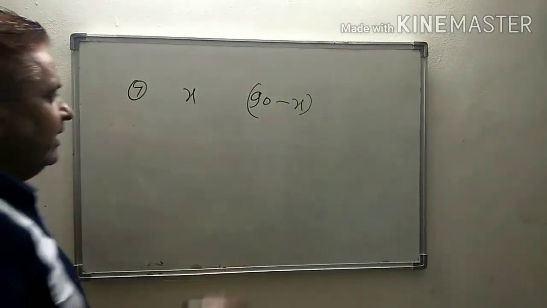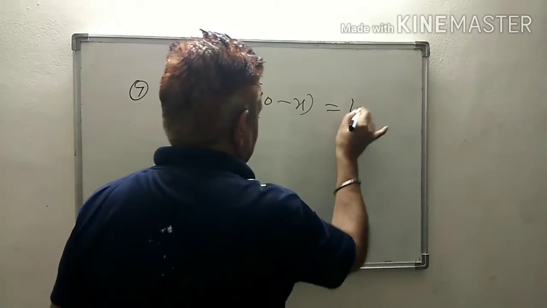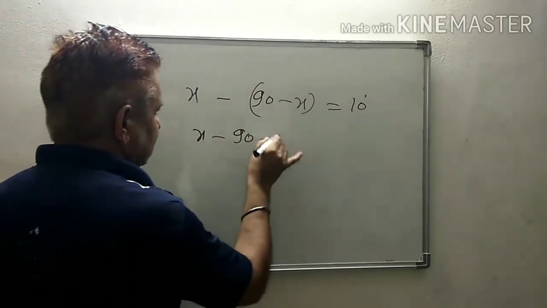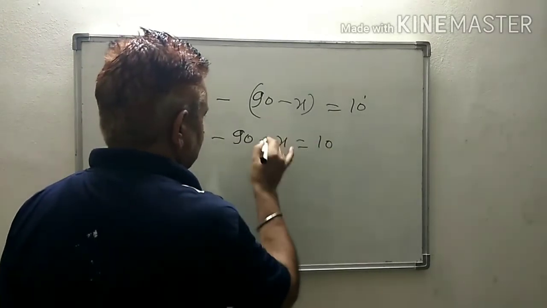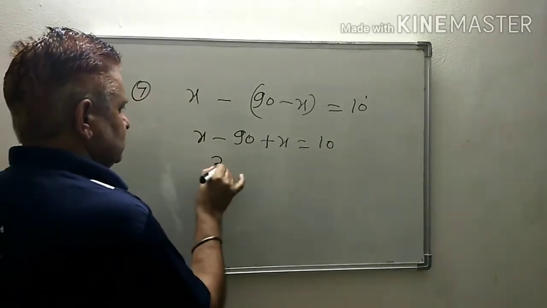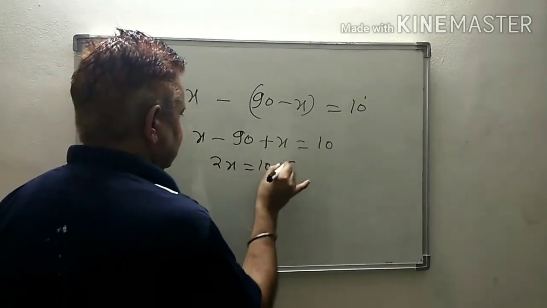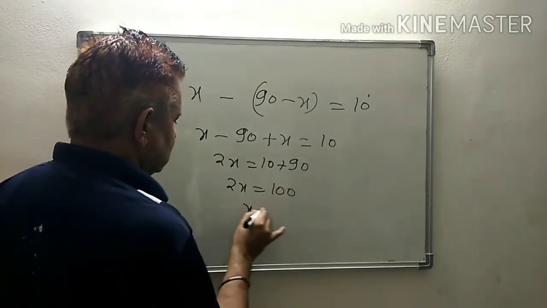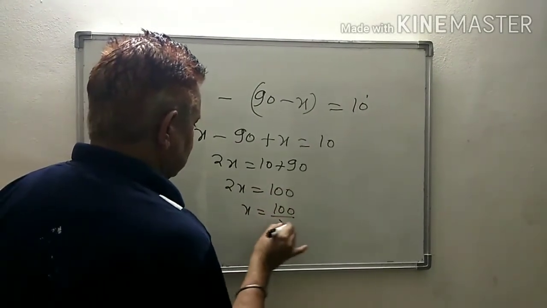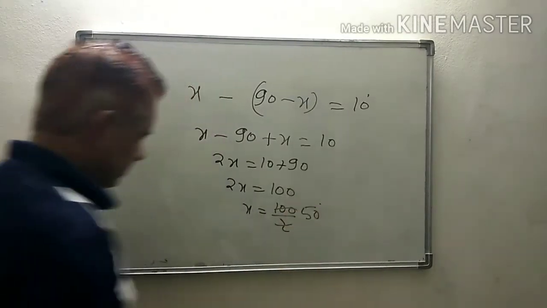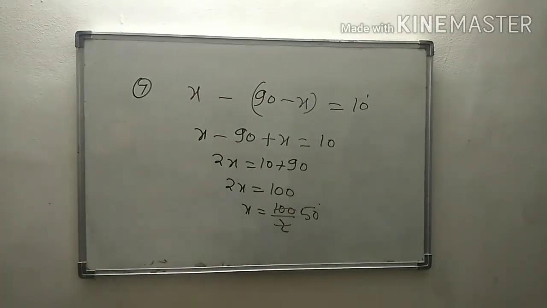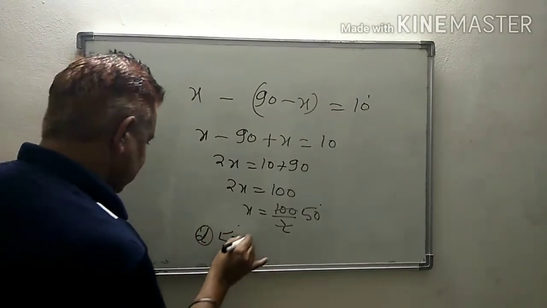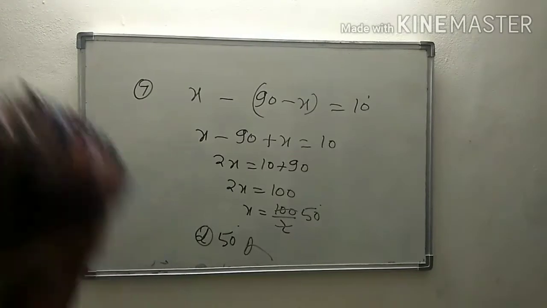The difference is 10 degrees, so x minus (90 minus x) equals 10. x plus x, 2x equals 10 plus 90, 2x equals 100, x equals 100 upon 2, which is 50. So the answer is option D, 50 degrees. Right?